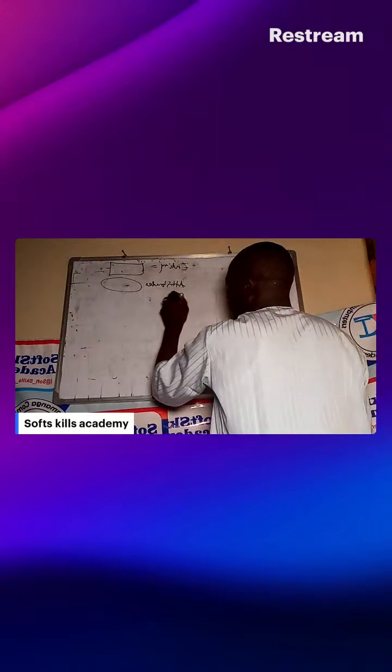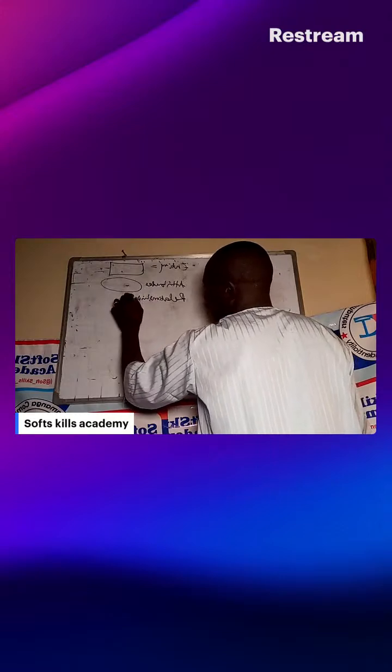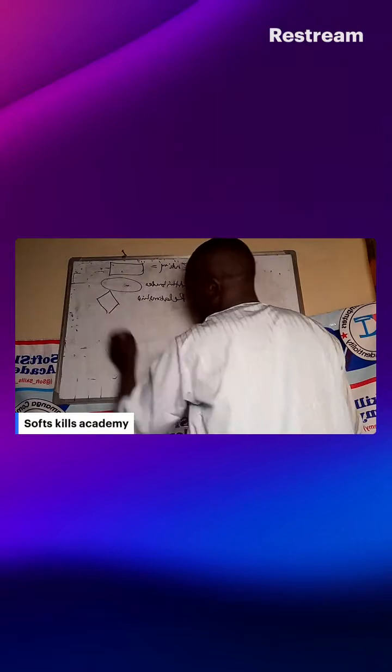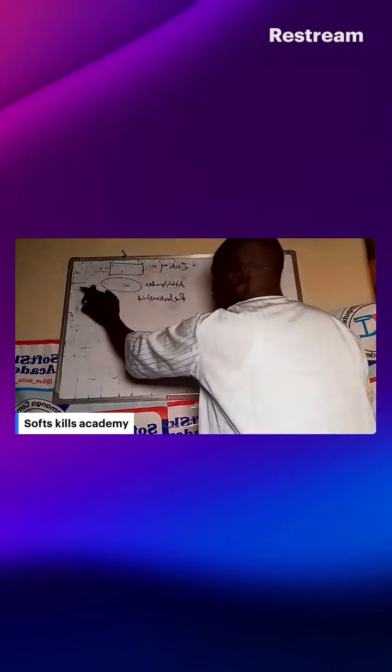And our relationship, the association, is represented by a diamond shape, right? So this is the representation of this.